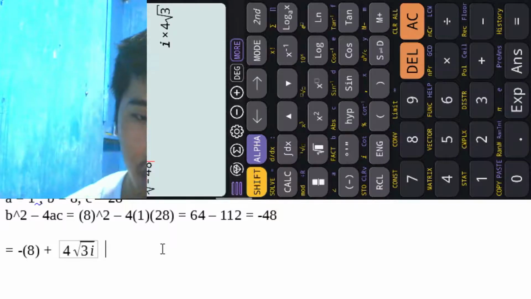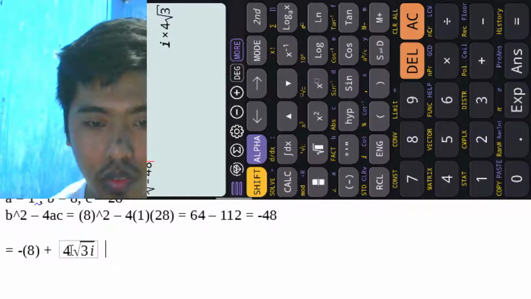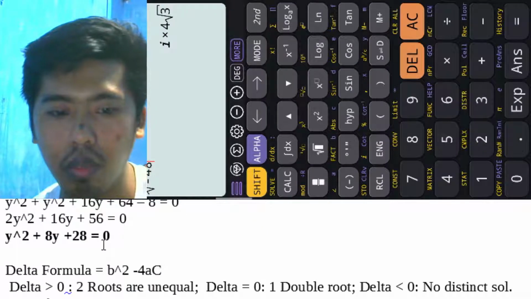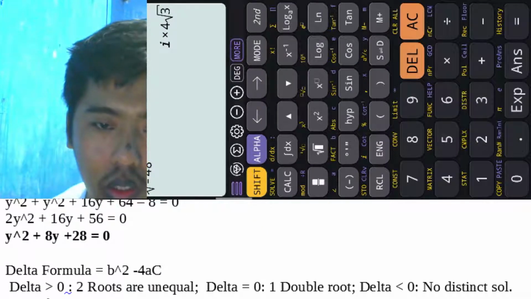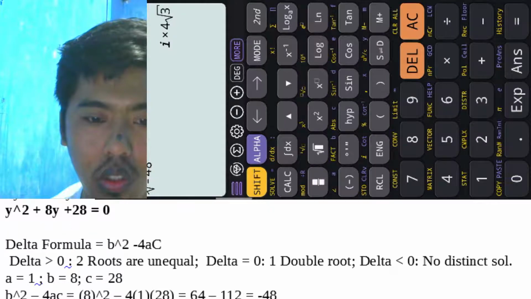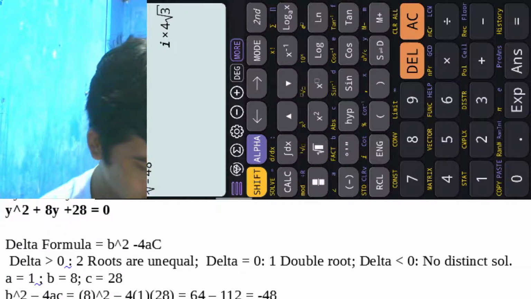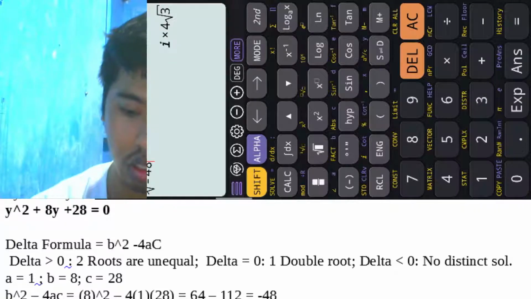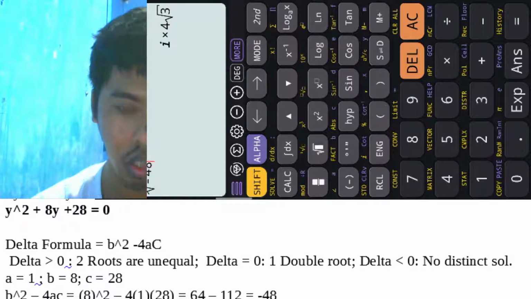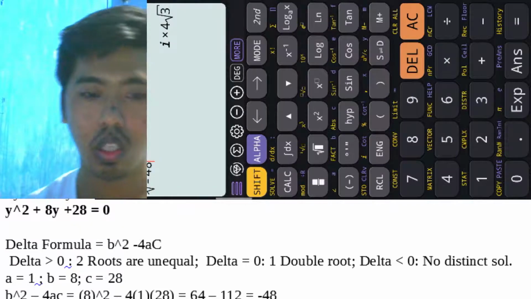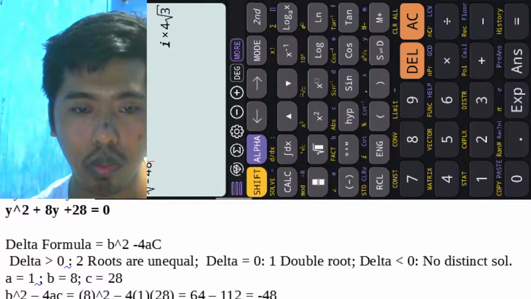Okay, divide pa. How about if I gonna make it like this sa para maklaro sa tanan. Let's start with this. Dayon in the numerator, that is negative 8, and after that negative 8 plus ta, then after sa plus maghimo tag imaginary.